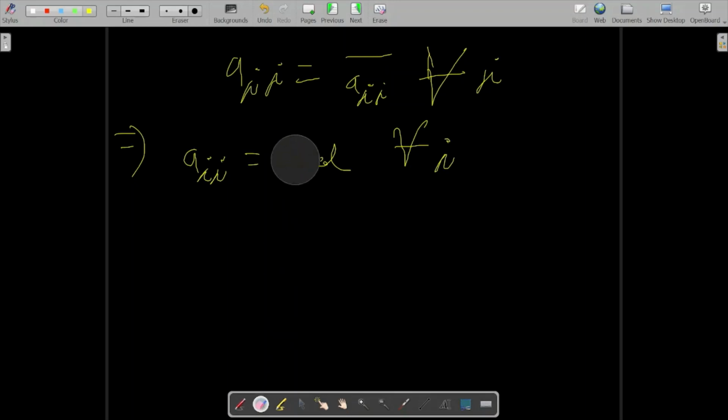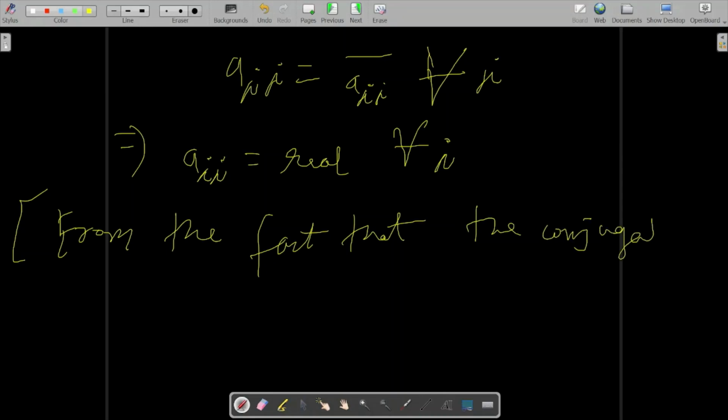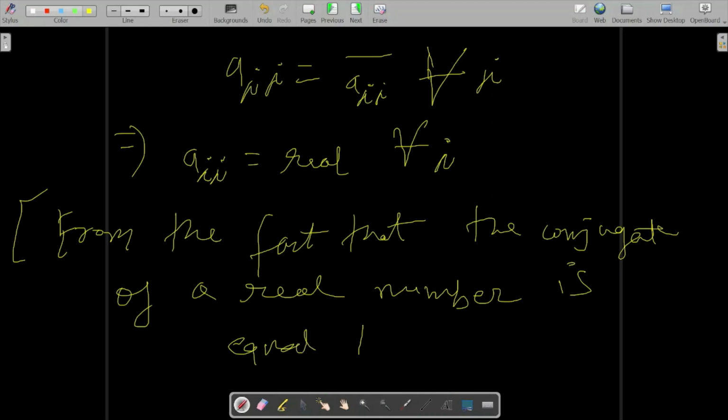Now how did this result come? You know this very well from the fact that the conjugate of a real number is equal to the number itself.